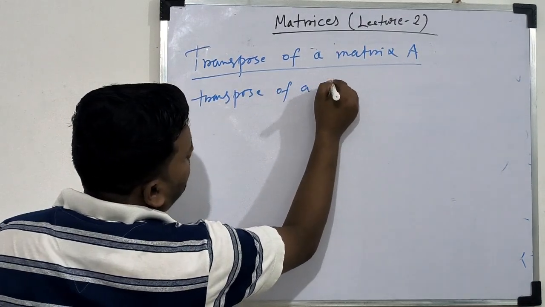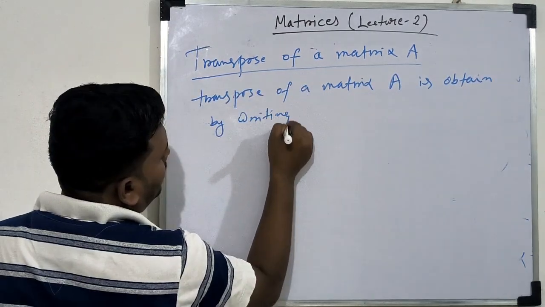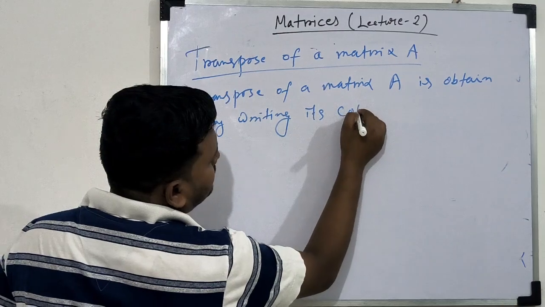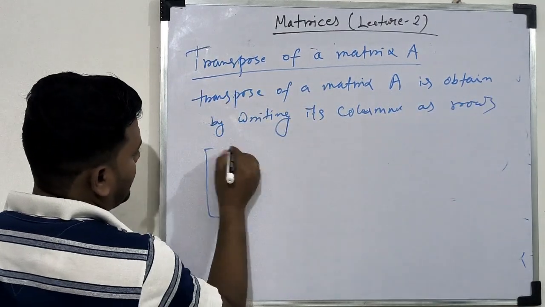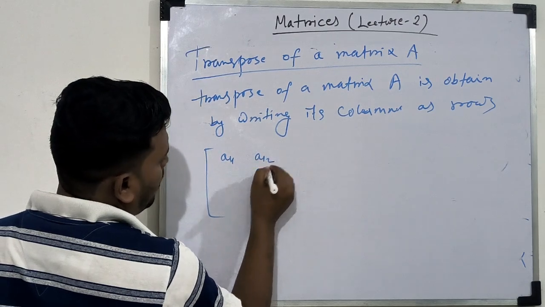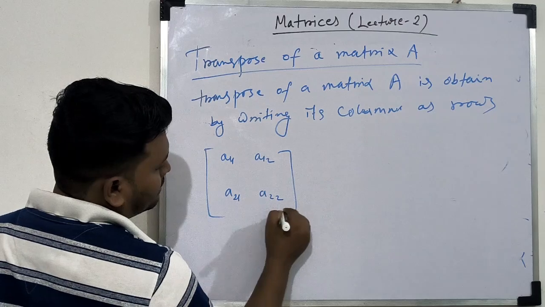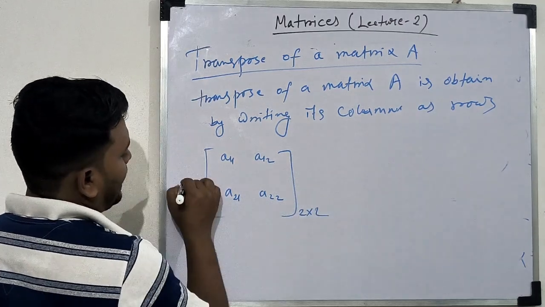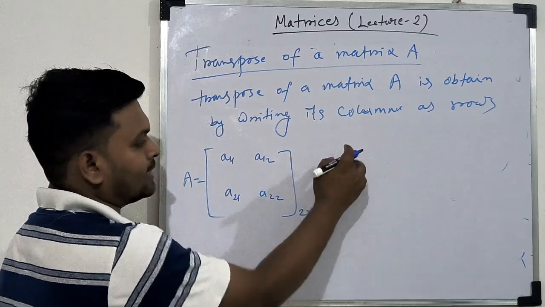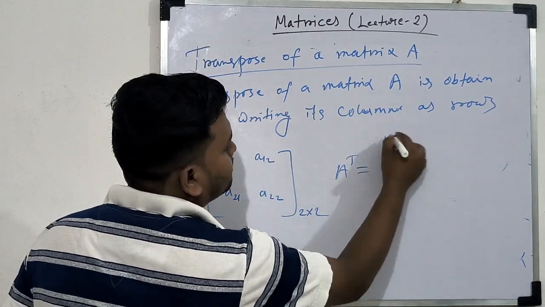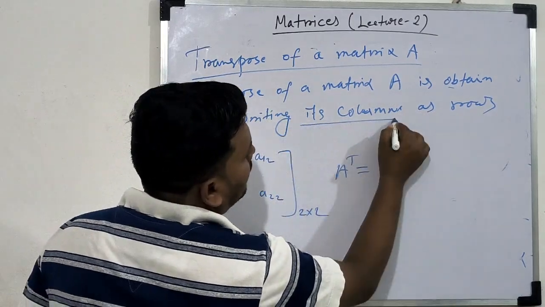Now we discuss the transpose of a matrix A. The transpose of a matrix A is obtained by writing its columns as rows. So take a matrix A with entries A11, A12, A21, A22. If this is a 2 cross 2 matrix A, then A transpose, denoted by AT, is obtained by writing its columns as rows.